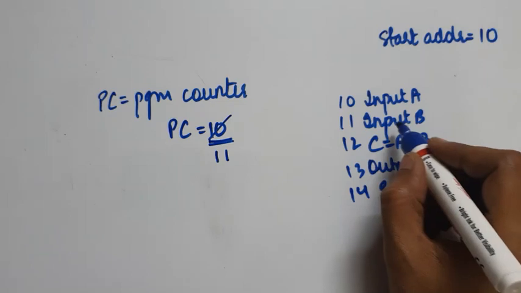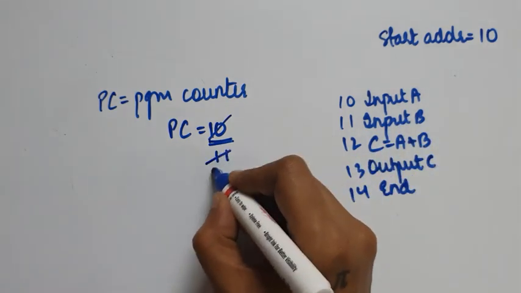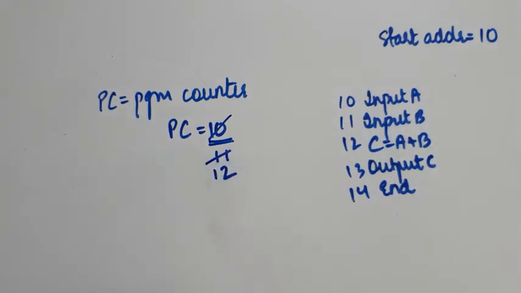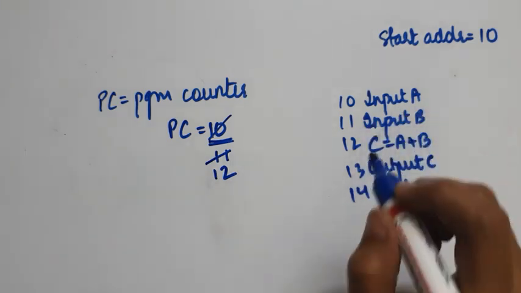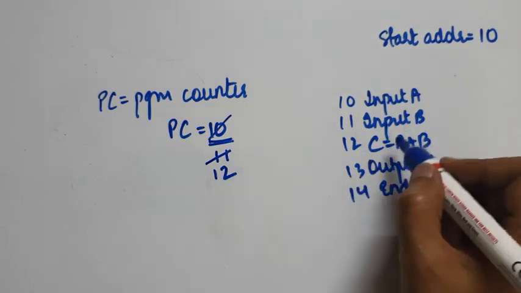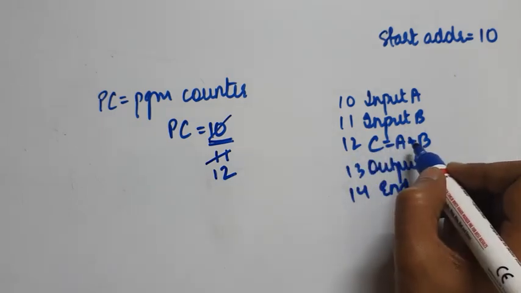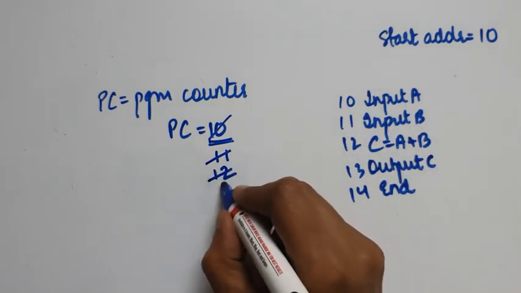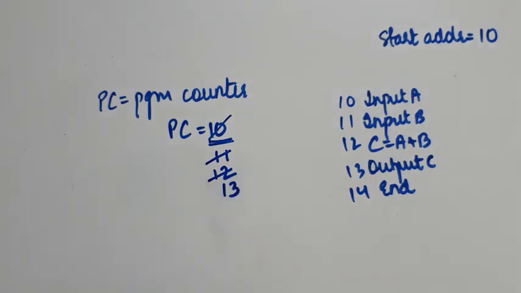Simultaneously when it is fetched, the value is changed by +1, to 12. So now it has executed this, it will go back to PC which has 12, so it will fetch the instruction written on 12 and simultaneously the value of PC will be incremented by 1. Now PC is storing 13.